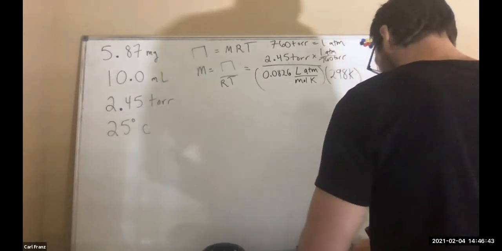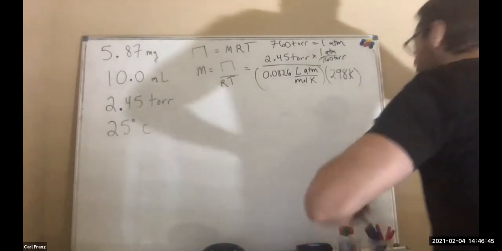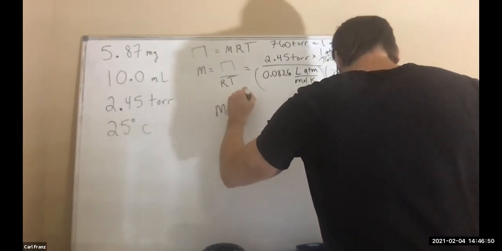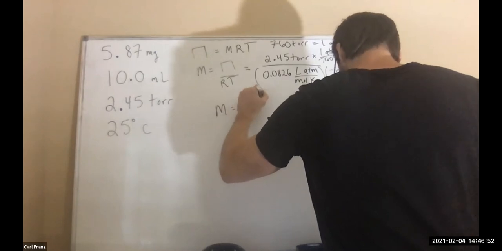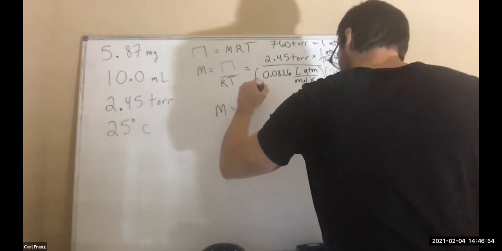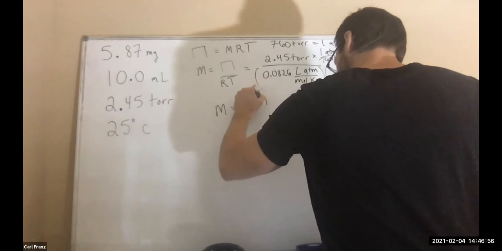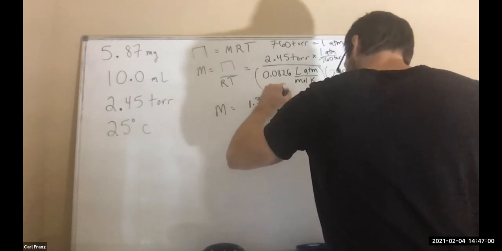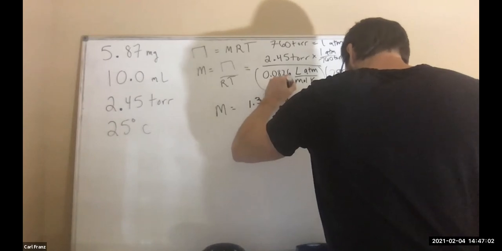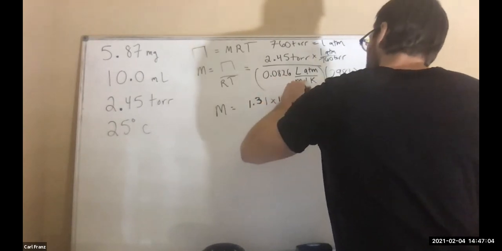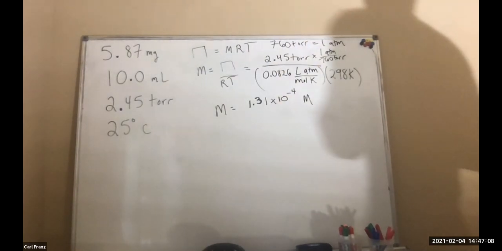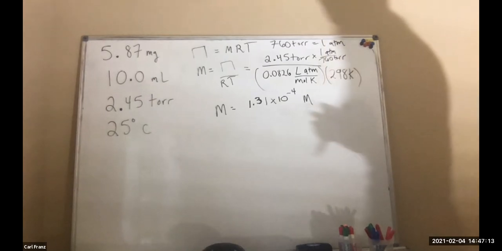I'm getting a molarity of 1.31 times 10 to the negative 4. Okay. So that is our molarity.